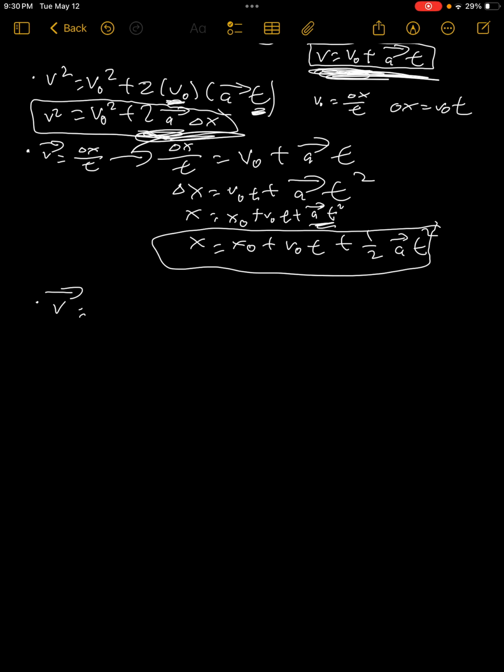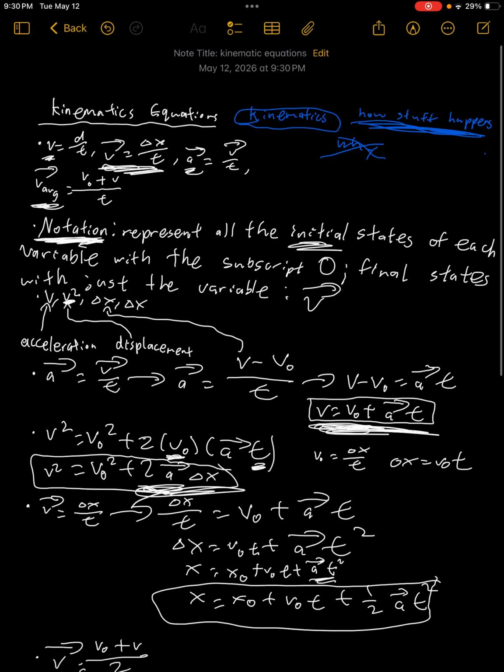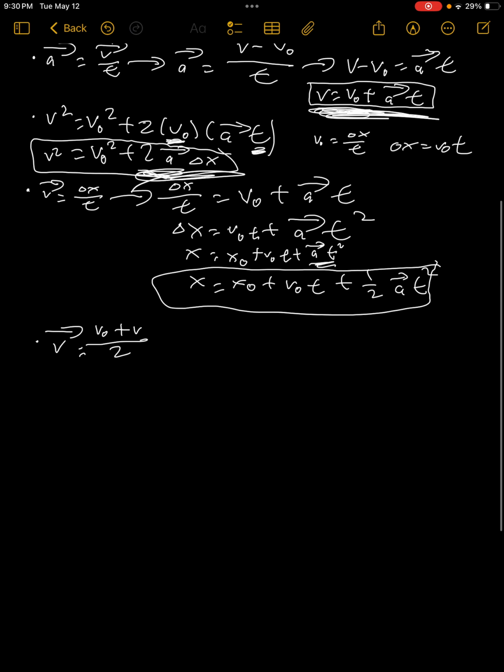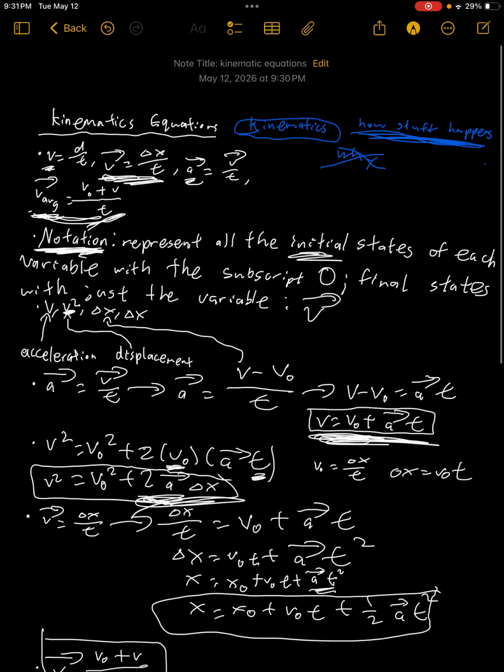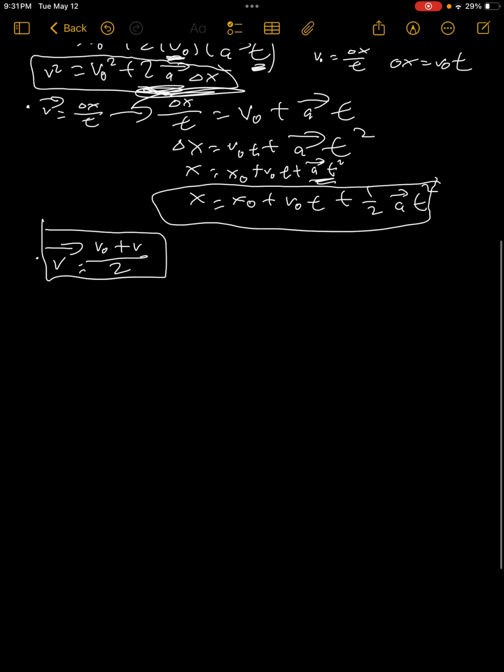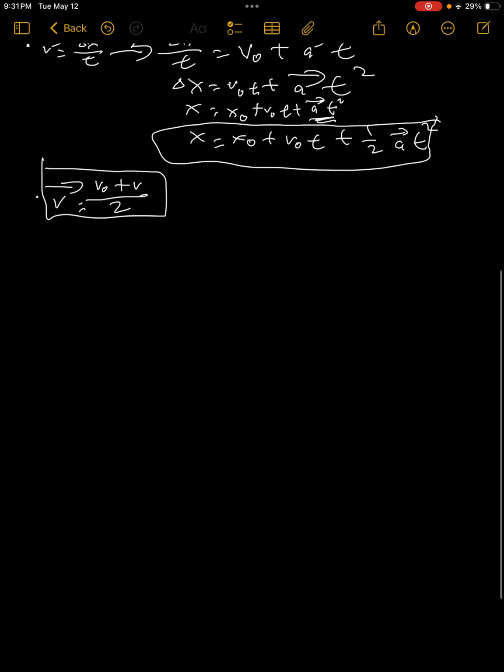It's just your initial speed plus your final speed over 2. That's literally the average, and that's literally just this equation. So yeah, this is our final kinematic equation. So that will finish all the kinematic equations.